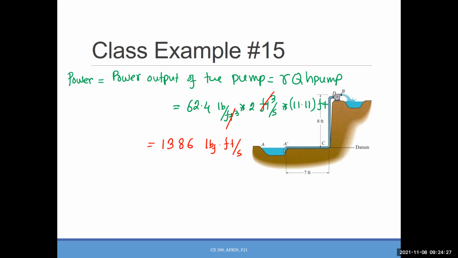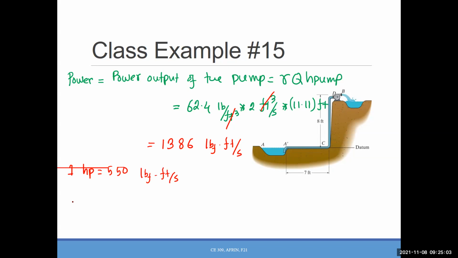This is the answer for the power of this pump, but this is not the answer we are looking for. In the question, they said that you need to state the power in horsepower. That means we need to convert that into horsepower, right? So in your question, you know the conversion factor, which is 1 horsepower equals 550 this one.